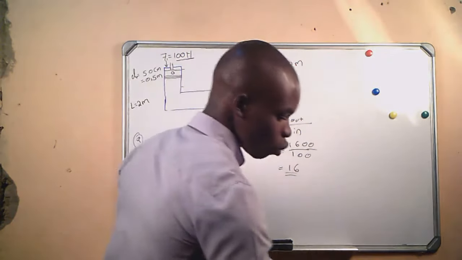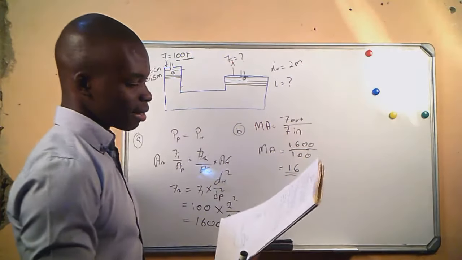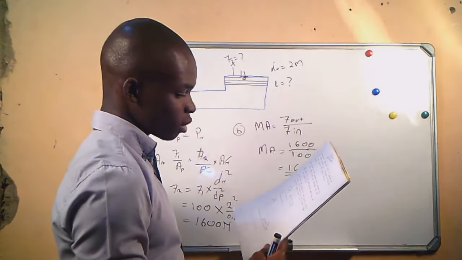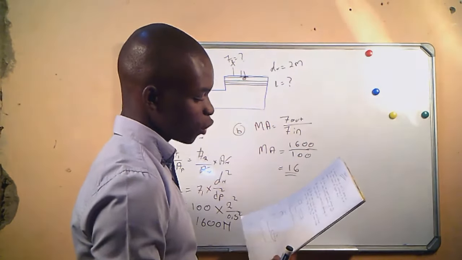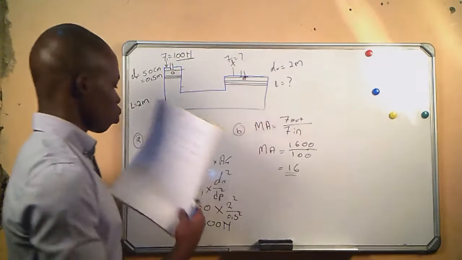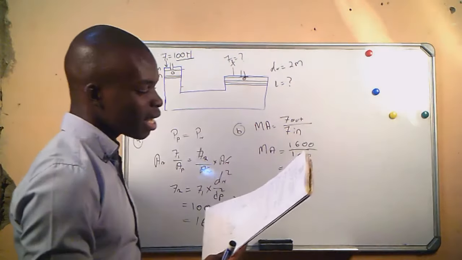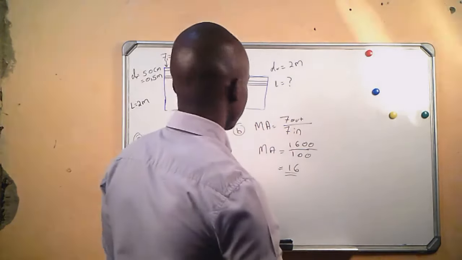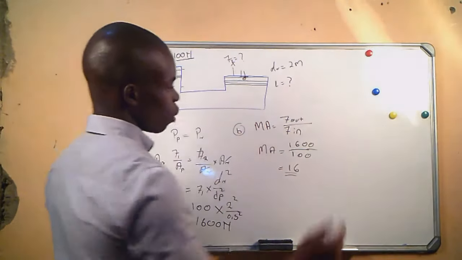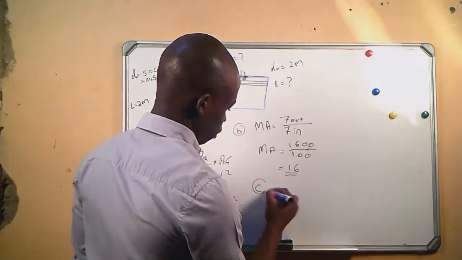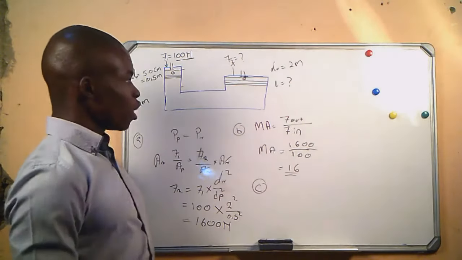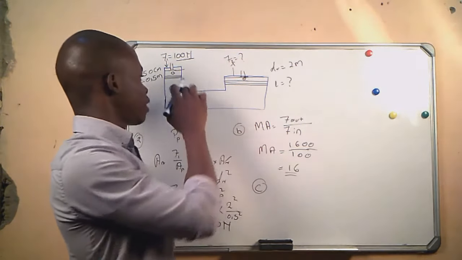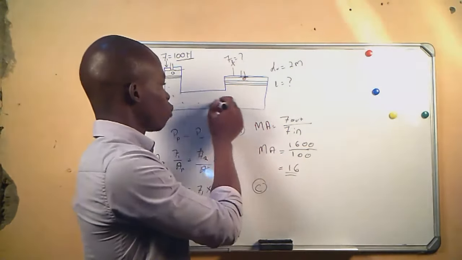So we go to our third question, which says, if the input force of 100 pushes the small piston down by 2 meters, which is the stroke length, how high will the large piston rise? Now we're going to see. One thing we know about this system is that it is filled with fluid.